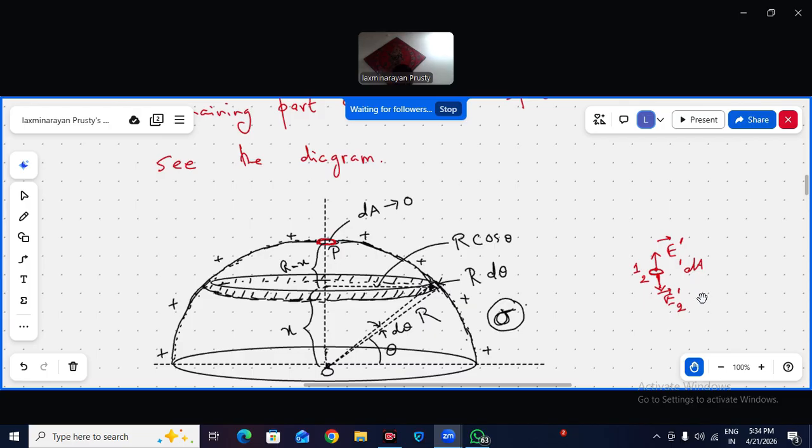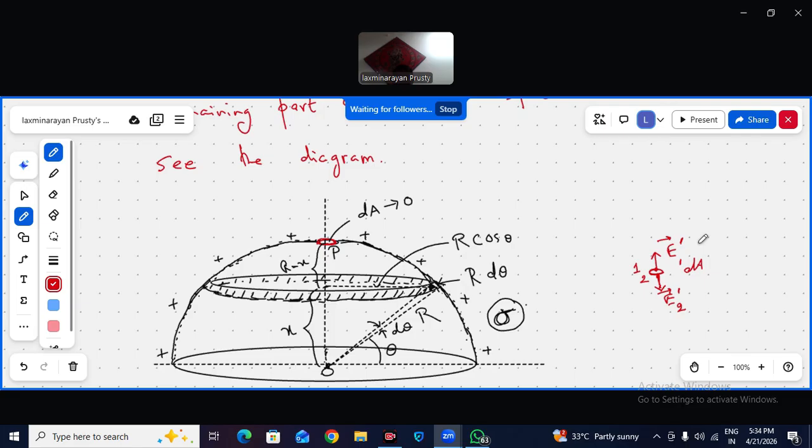E2 bar also will be sigma by 2 epsilon 0 r cap, or call that whatever radial outward distance. Let me write also. Write करने से आपको ठीक ठाक रहेगा. ये sigma by 2 epsilon 0 r cap. नहीं तो आप हमेशा चूक करते रहेंगे. ठीक है.